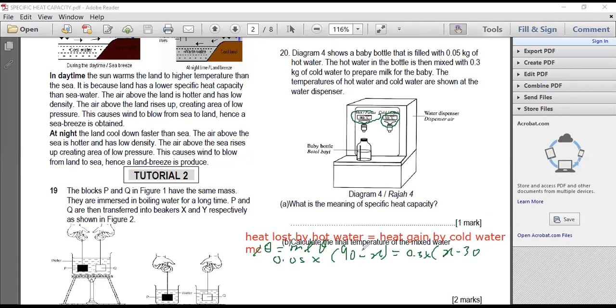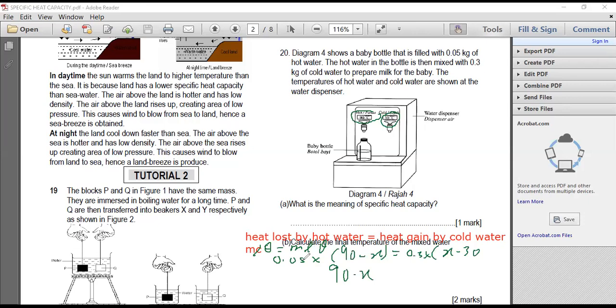If you want to make things easier, just keep the 90 minus x.